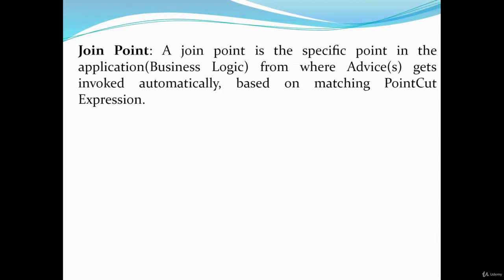That is, it is the point from which our advice gets invoked automatically based on the matching point cut expression. In the example which we have just seen, get ID is the join point. That is the place from where the advice is getting invoked automatically. How it happens automatically, we are going to explore in the next few minutes.